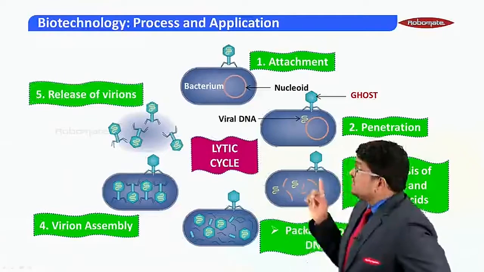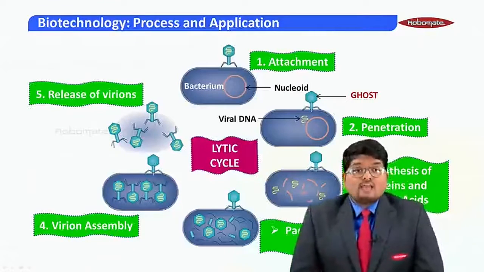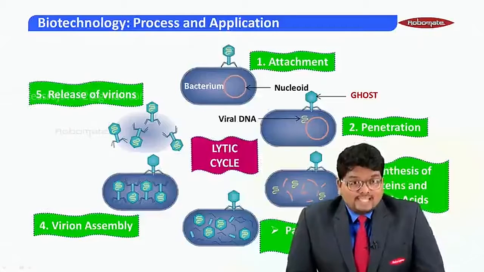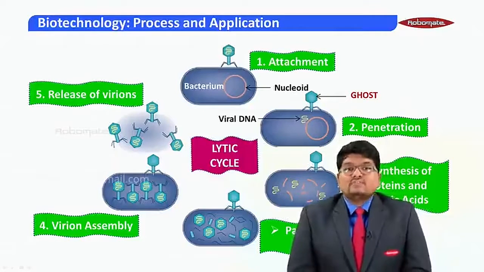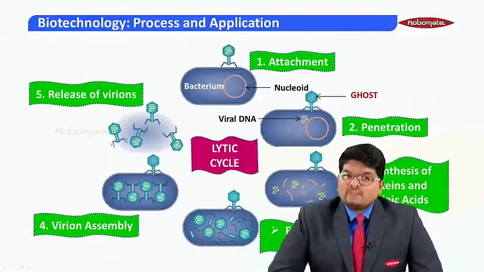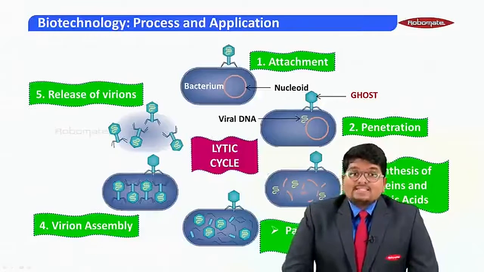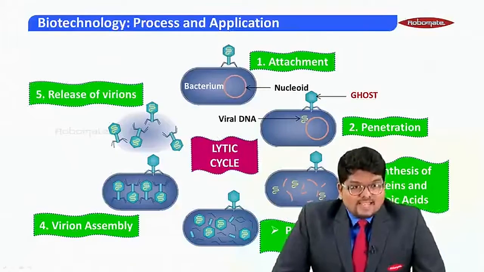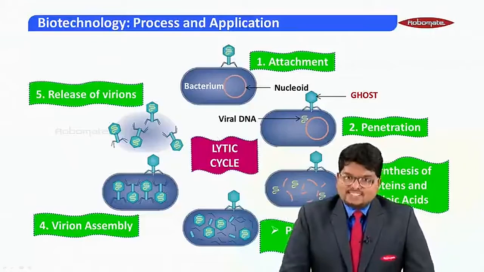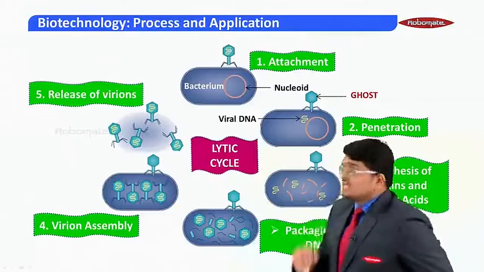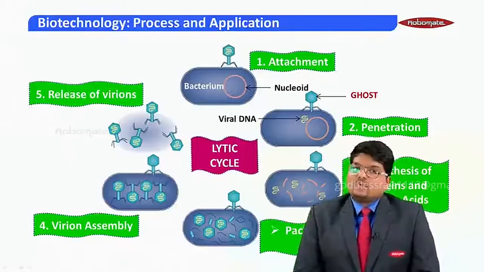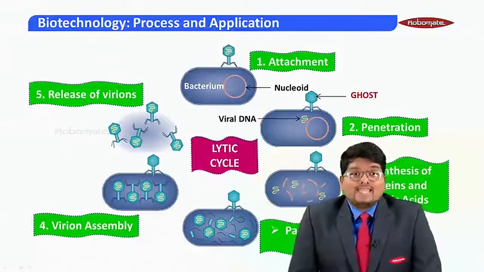So these newly formed virions are released from the bacterium, and it is achieved via the lysis of the bacterial cell, and it is catalyzed by an enzyme called as endolysin. And now these newly released virions can go and infect new bacterial cells.